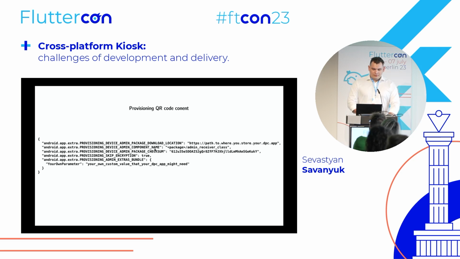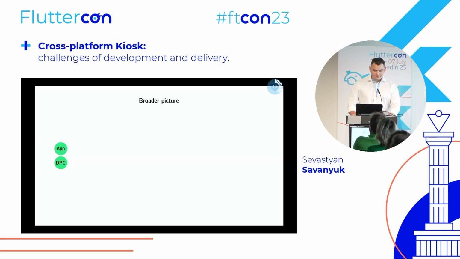The second property, which is also quite an important one, is basically the name of the receiver that is getting called during QR code provisioning, and which is granted the device policy controller rights. And in there you can whitelist your activity or your application. Checksum and encryption are kind of self-explanatory. The last one, admin extras bundle, is optional, and you can use it to supply some additional parameters to your application for configuration reasons.